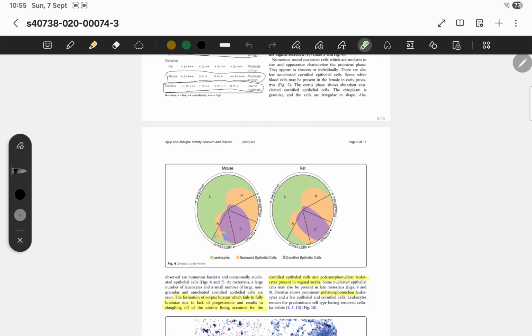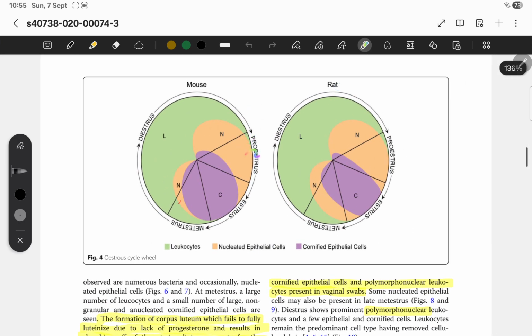So during diestrus, mostly leukocytes are seen. In late diestrus, we see nucleated epithelial cells too. In proestrus, nucleated epithelial cells are seen, but in late proestrus we can see cornified epithelial cells too. In estrus, cornified epithelial cells are seen, and nucleated epithelial cells if it is early estrus. In metestrus, all 3 are seen.